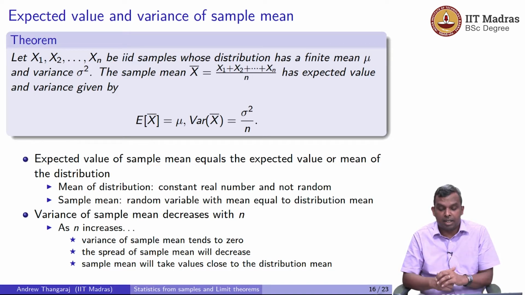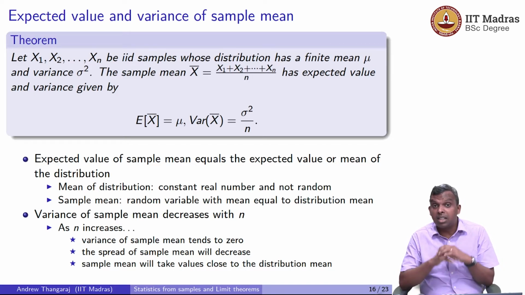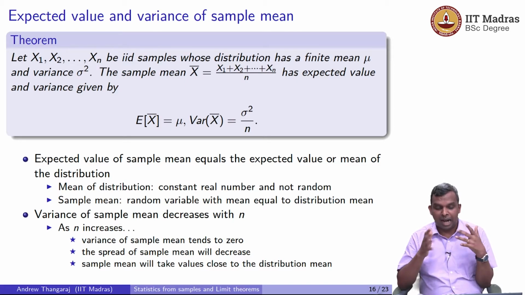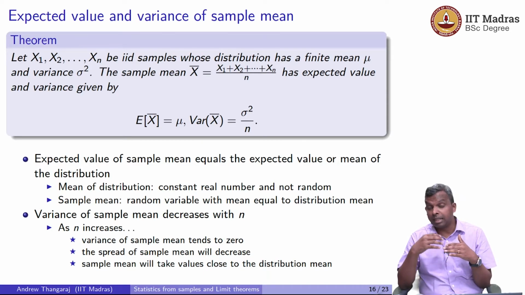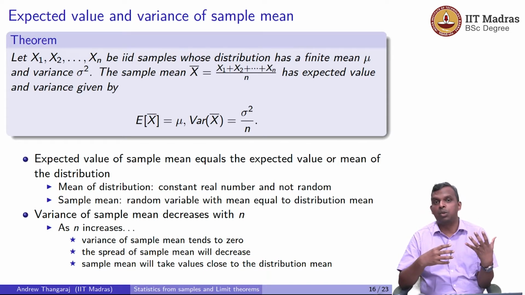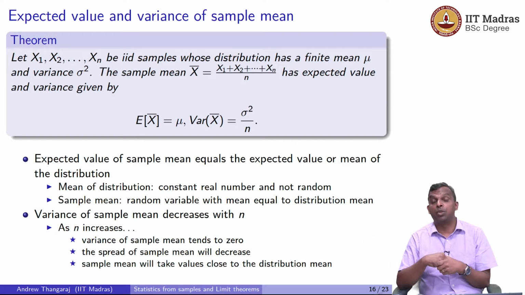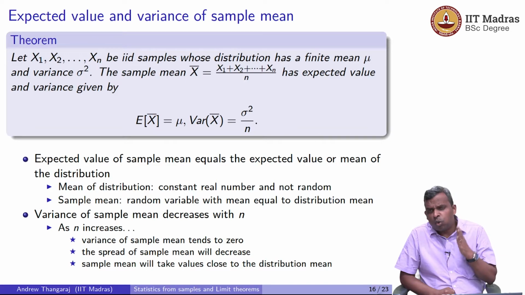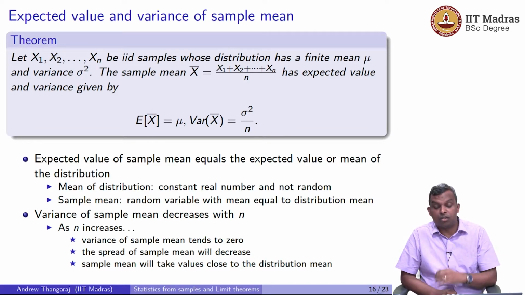So all that I've written down. Remember, the distribution mean is actually a number, okay. So it's not random or anything. The sample mean is random, and the sample mean's expected value is equal to also the expected value of the underlying sampling distribution. That is the important result, okay. More crucial, very, very crucial, is this variance falling with n. It decreases with n, it decreases as 1 by n.